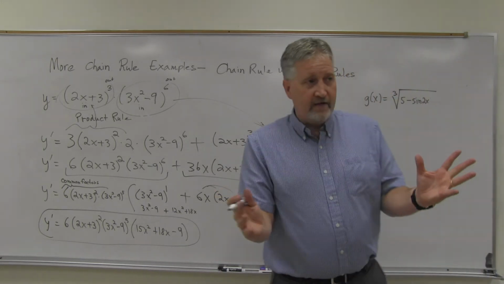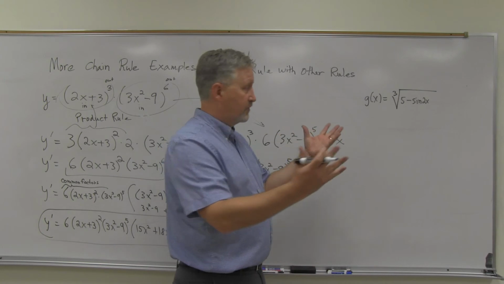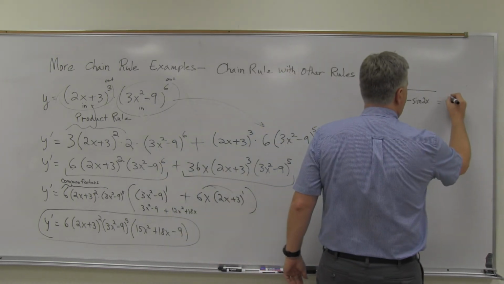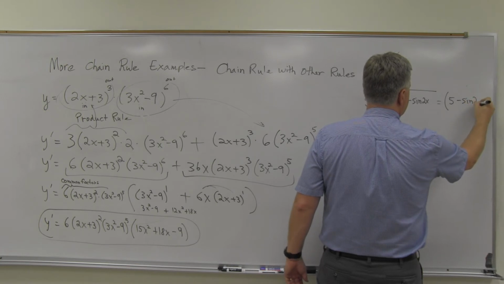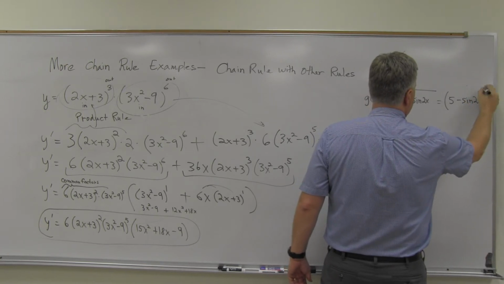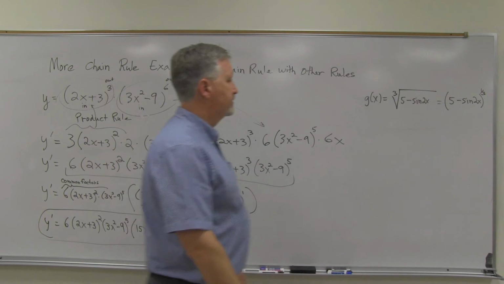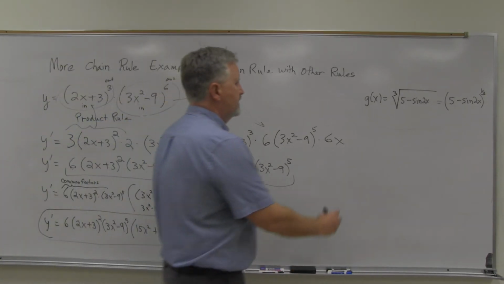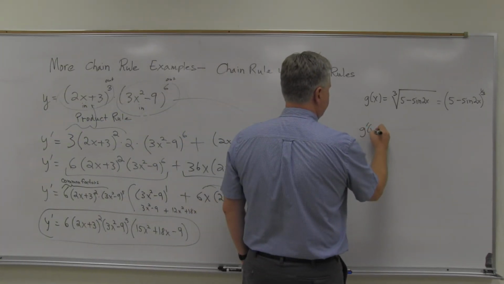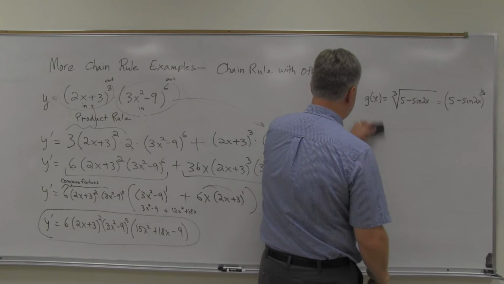Again, I would write that cube root as to the 1/3 power, right? So no problem, we got it. So G prime here is, just get this over just a little more.